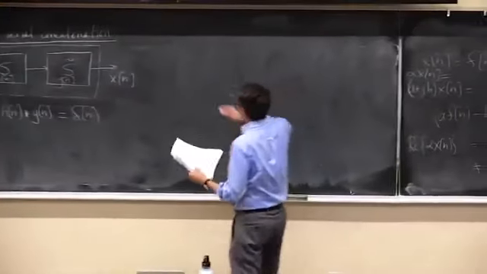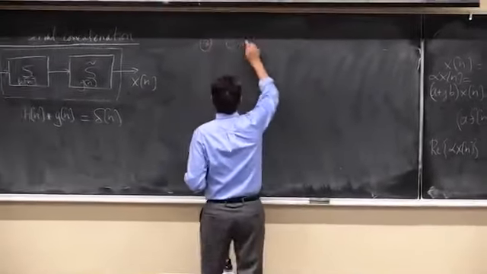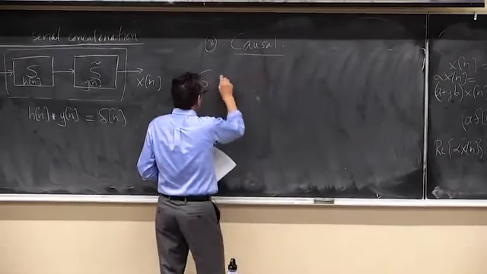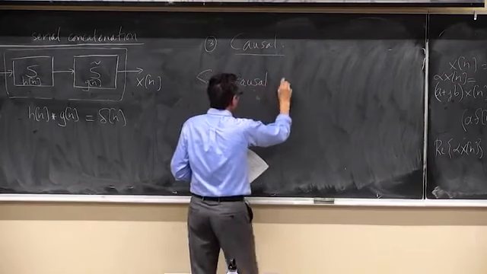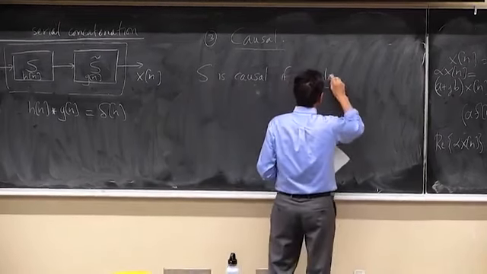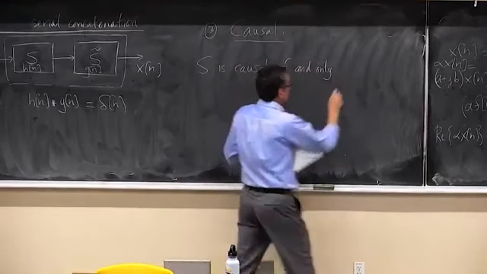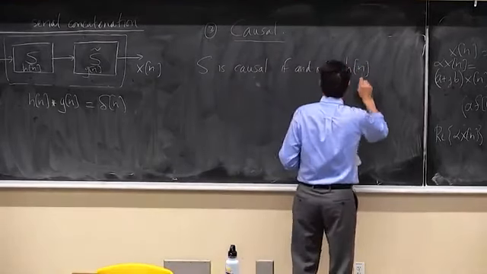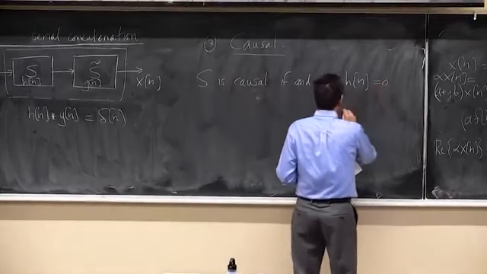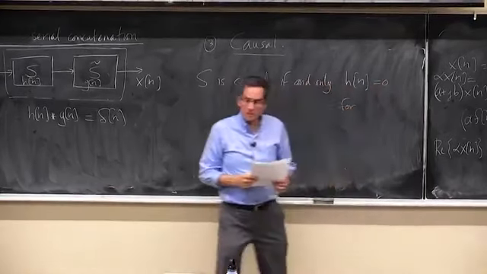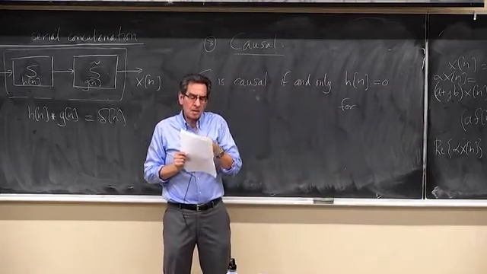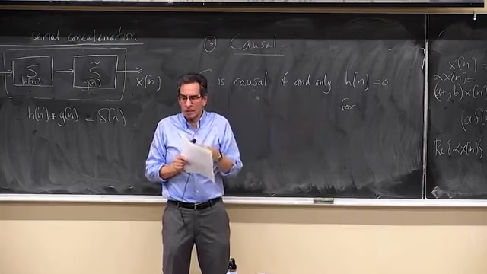Okay, the third property is causality. So what about when the system is causal? It turns out that S is causal if and only if, so all of these are necessary and sufficient conditions, if and only if the impulse response is equal to 0. Now, think about it. If it's causal, should the impulse response be 0 for n greater than 0 or n less than 0?